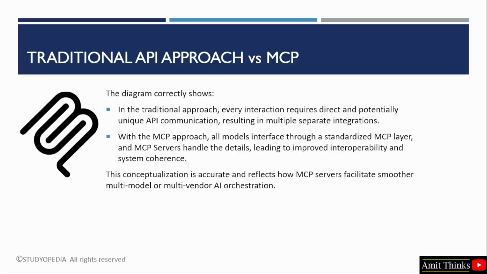The MCP servers manage the underlying communication, enabling seamless interoperability and a more coherent system architecture. This representation effectively captures how MCP servers streamline multi-model and multi-vendor AI orchestration, reducing fragmentation and fostering smoother collaboration across diverse systems.